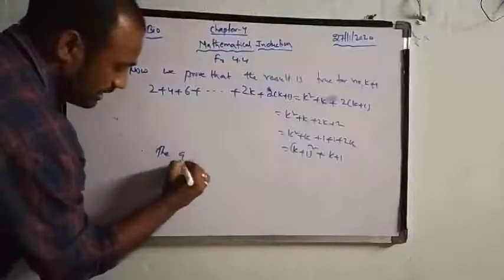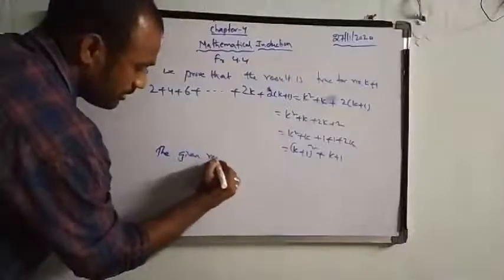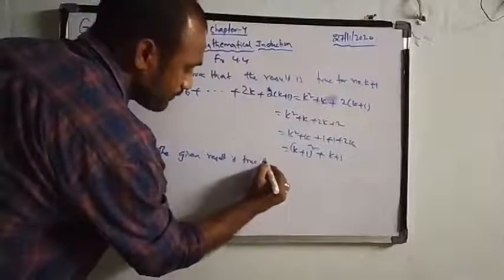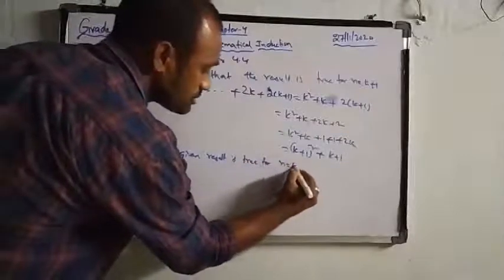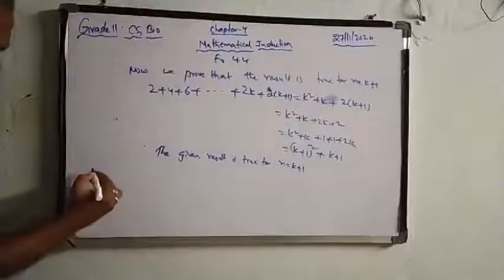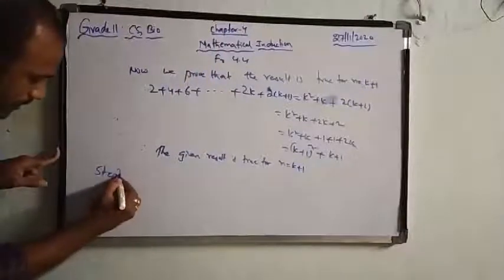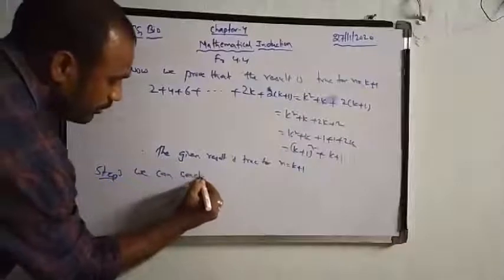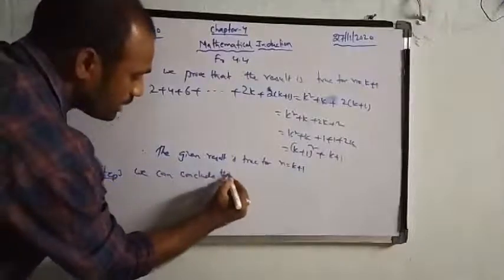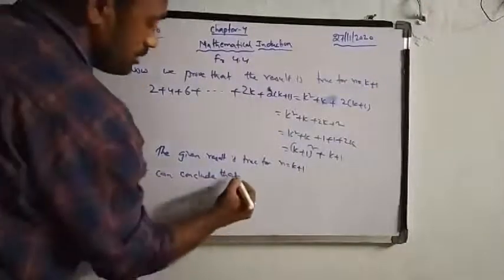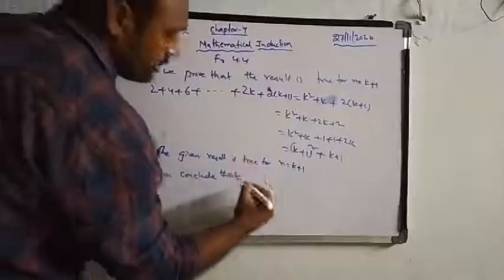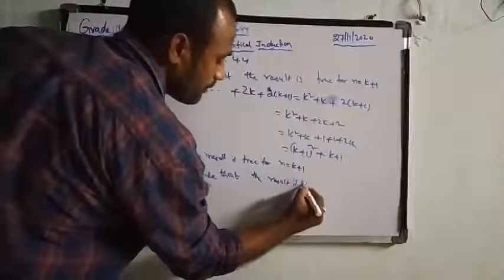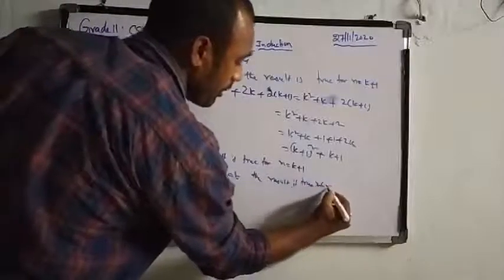Therefore the given result is true for n equals k plus 1. So step 3, we can conclude that the result is true for all n values.